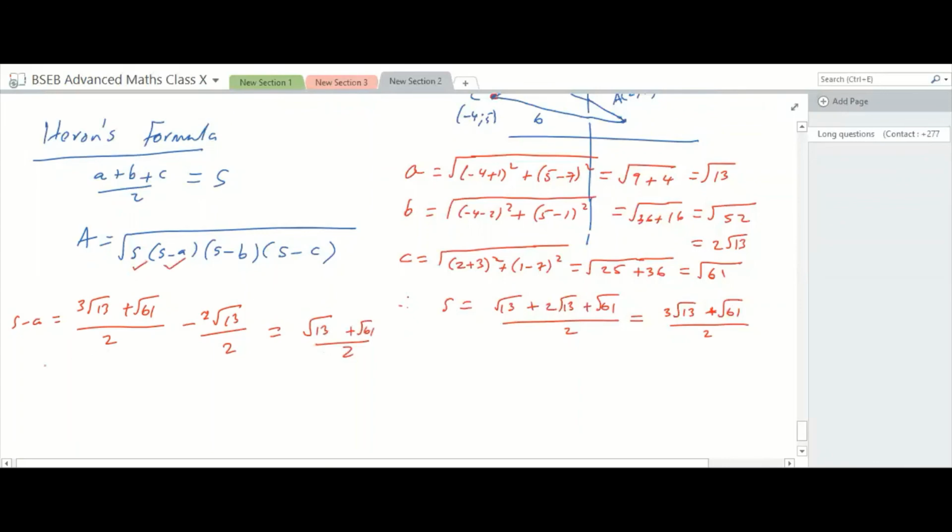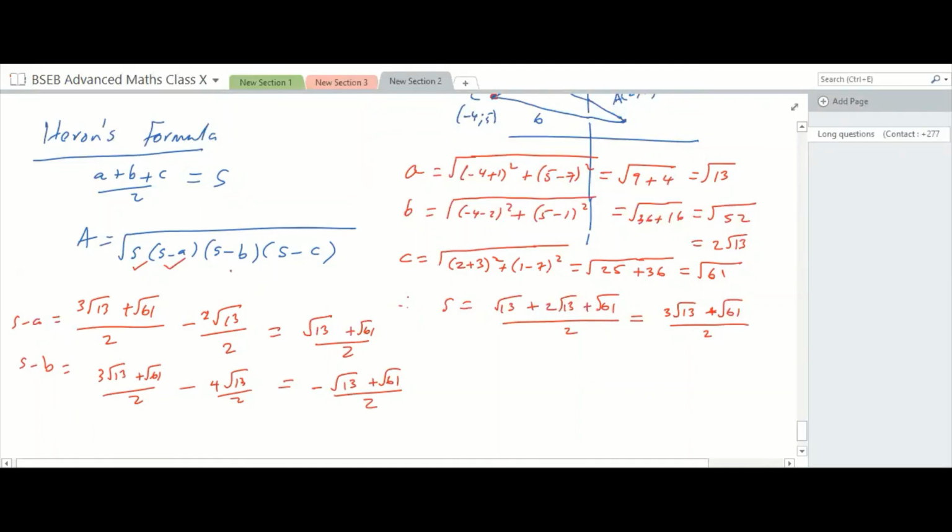We know what S is. Then what is S minus B? S minus B is equal to, we need to subtract 2 root 13 from there. So you got 3 root 13 plus square root of 61 over 2 minus 4 root 13 over 2, which is 2 root 13. So we get negative square root of 13 plus root 61 over 2.